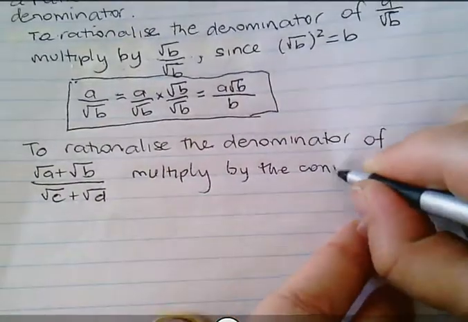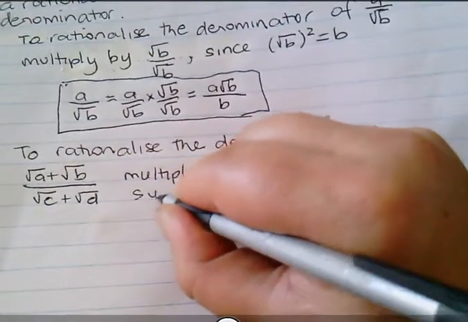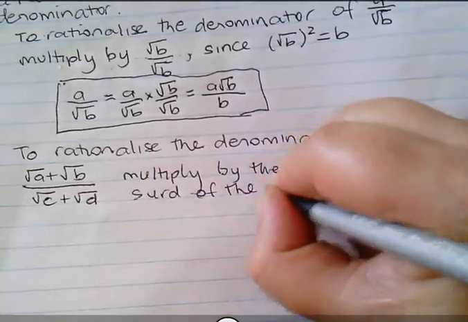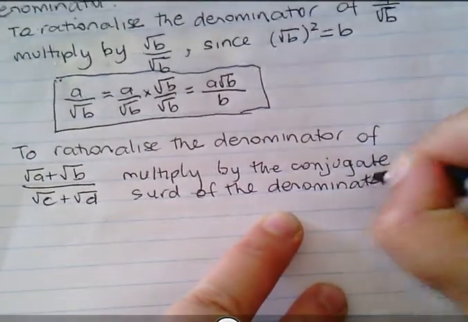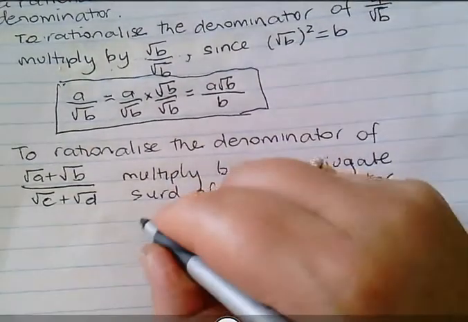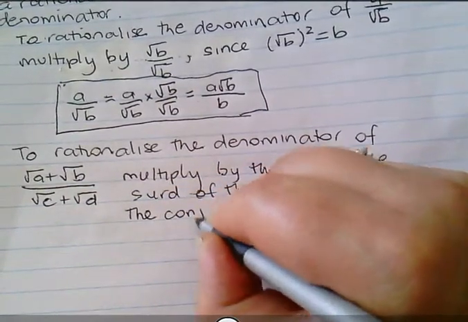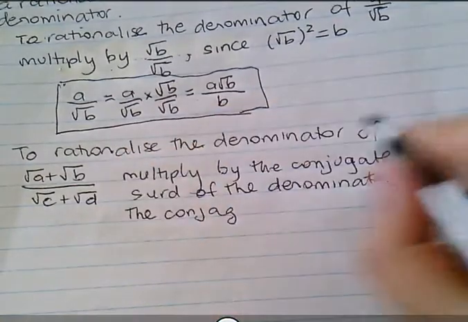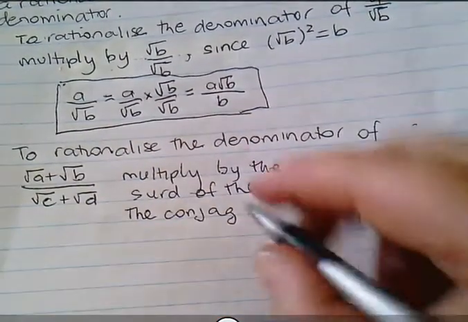It's called the conjugate surd of the denominator. Right, so the conjugate surd, so to rationalise the denominator of this, multiply by the conjugate surd of the denominator.